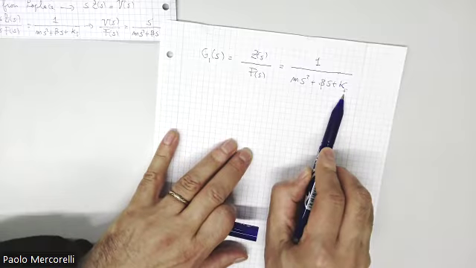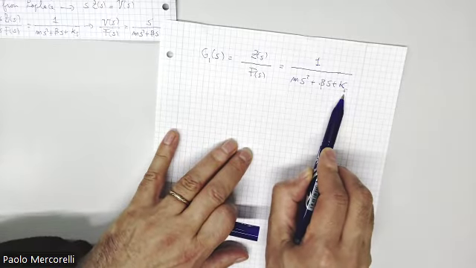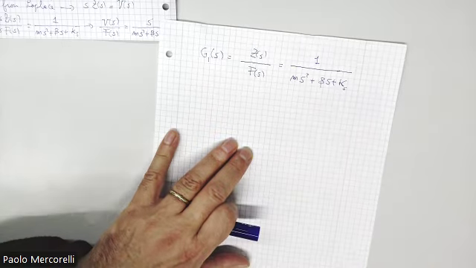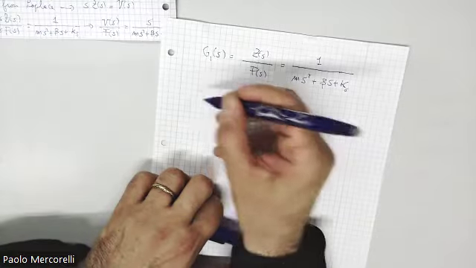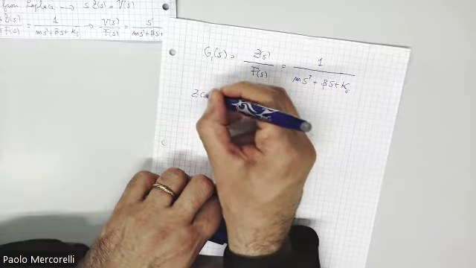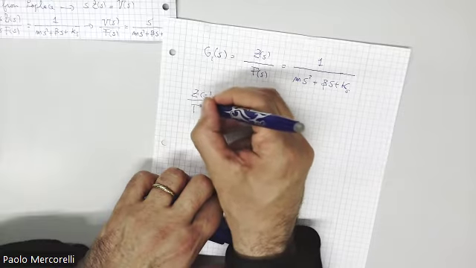This S is an appendix, it's not a variable. S is an appendix, it's not a variable. Now, look at this. Do you agree on this?